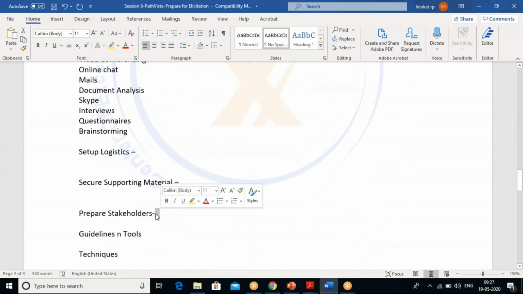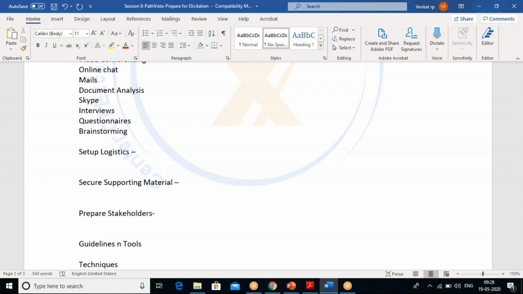And prepare the stakeholders. Now preparing the stakeholders, how we are going to make it up? Any clue about preparing the stakeholders? Anyone? Okay, I will tell you how to prepare the stakeholders. You take each category of the stakeholders.